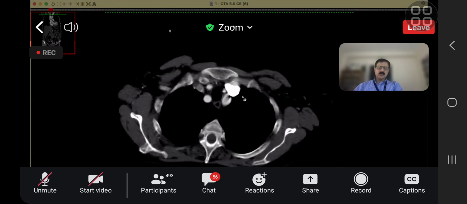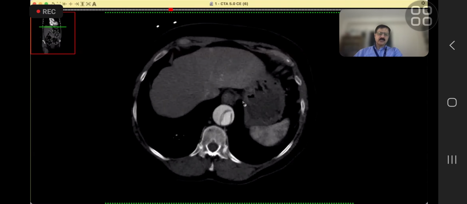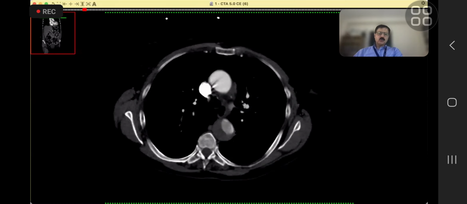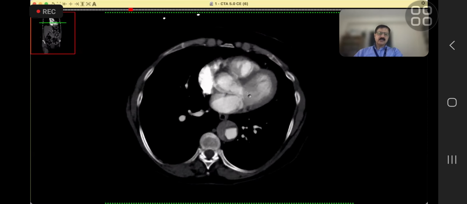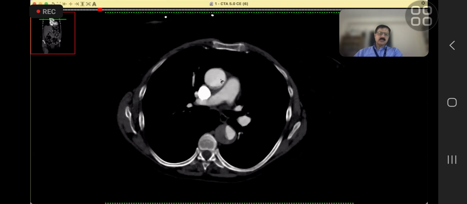Now, you did very well in describing the true lumen and the false lumen concept. The true lumen, by the way, is the lumen which is supplied by the left ventricle. So this is the left ventricle, and you can see the contrast; the ascending aorta is not involved here.